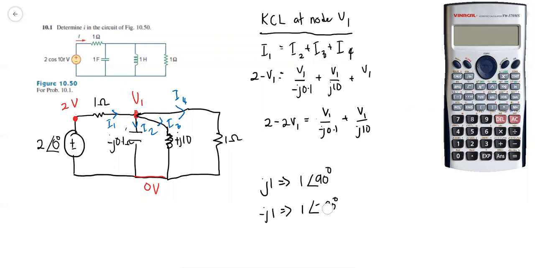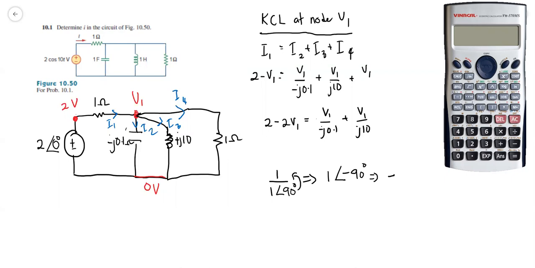And if I have 1 over 1 angle 90 degrees, because you are putting the angle up, this should be negative 90 degrees, or in other words, in rectangular form, negative j1.